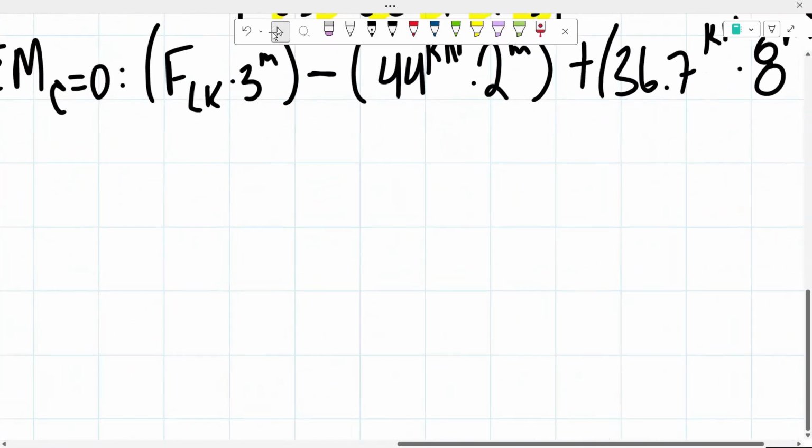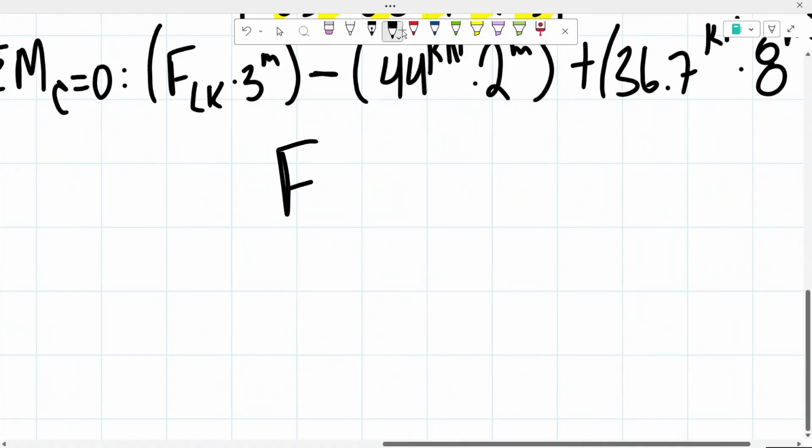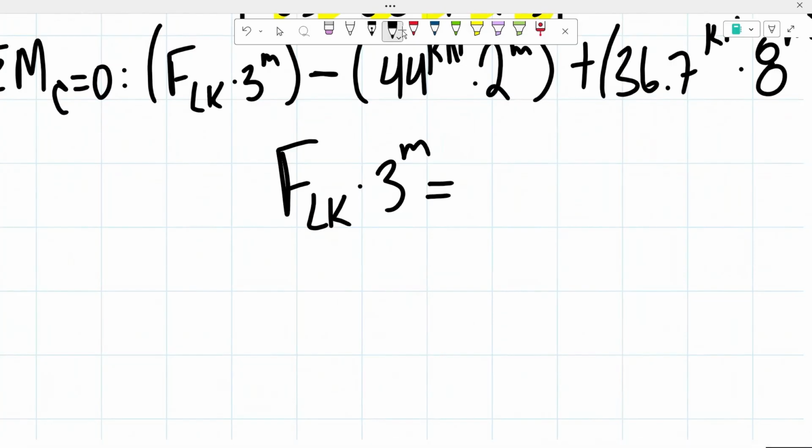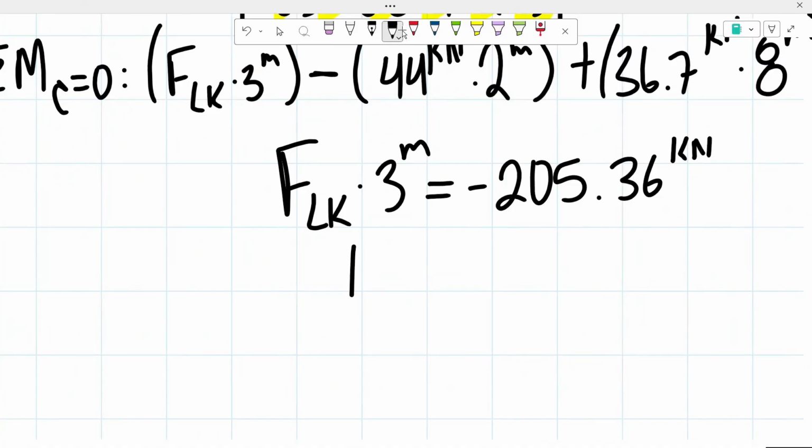So from here, if we simplify it down, we get that the force of the member LK times 3 meters has to equal negative 205.36 kilonewtons.